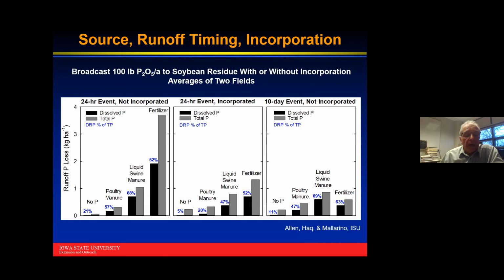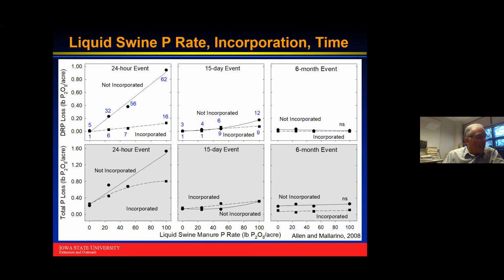Oh, another thing I forgot to mention before: the blue numbers here are the proportion of the total runoff that is dissolved P. Okay, and there tends to be a higher proportion with fertilizer, solid manure, and liquid manure compared with no fertilization or poultry manure.